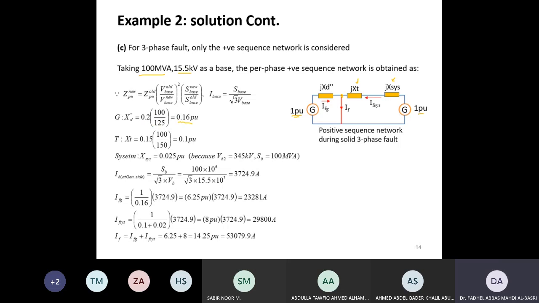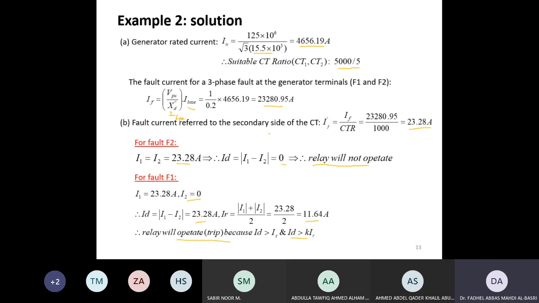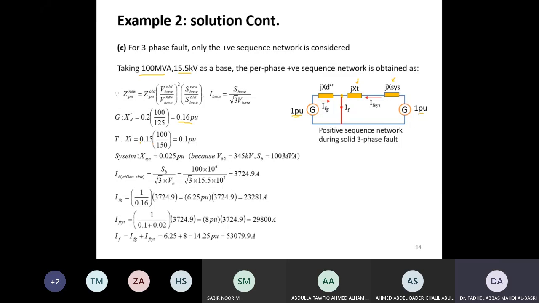I converted the value of the generator winding to the new base, and the transformer also, because the transformer is 15.5 to 345 kV with a rating of 150 MVA, which is different than the 100 MVA base, so I will also need to change the transformer reactance according to its rating to the new base.